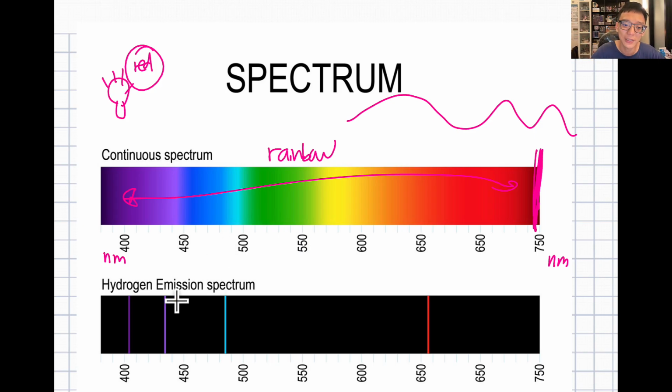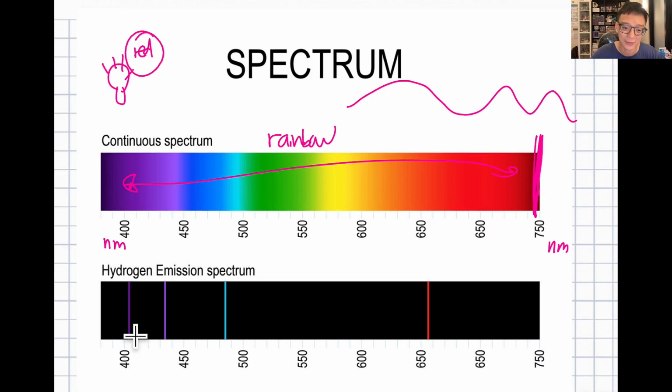So for emission spectrum, as we've discussed before, if we provide enough energy for the electrons to go up to a higher level orbit, the electron will eventually go down, and in the process of going down, the electron will emit energy, and then we will perceive these colors.